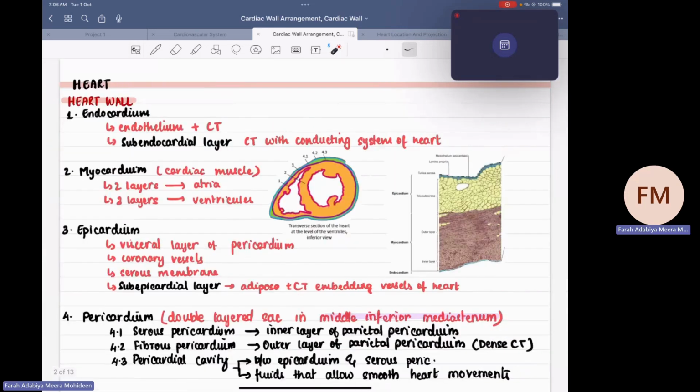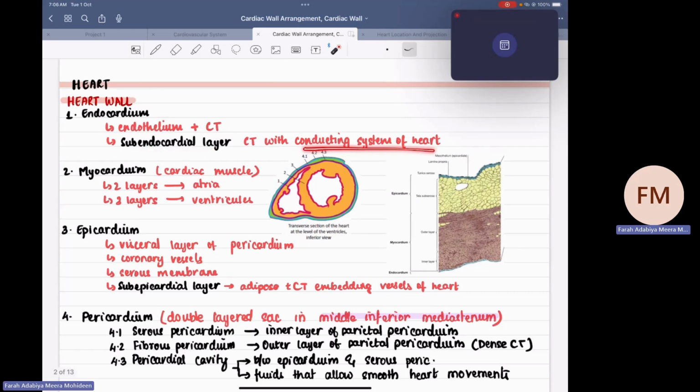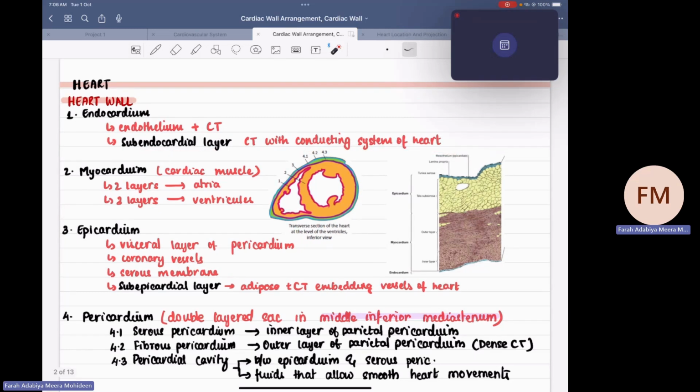Now, it's the same thing that we're going to talk about here. I've already said the subendocardial layer has your conducting system of the heart. It's important. Your myocardium is where your cardiac muscle is, and it has two layers of muscles in the atrium and three layers of muscles in the ventricle.